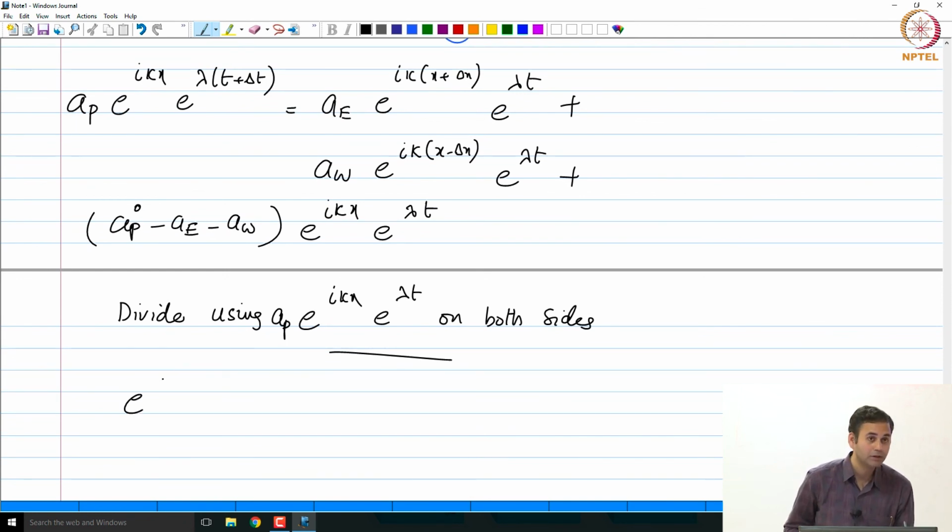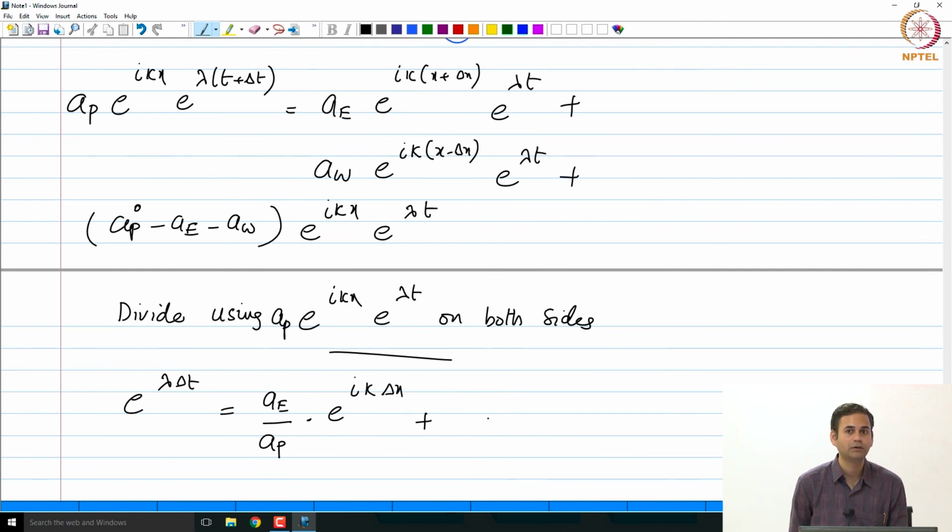E to the power lambda delta t equals, on the right hand side, A east upon A p times e to the power I k delta x.